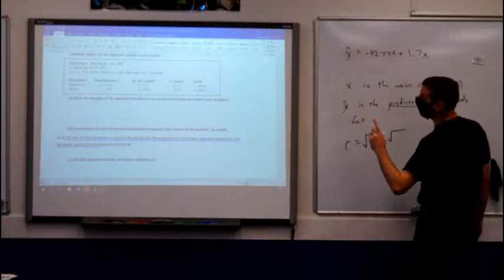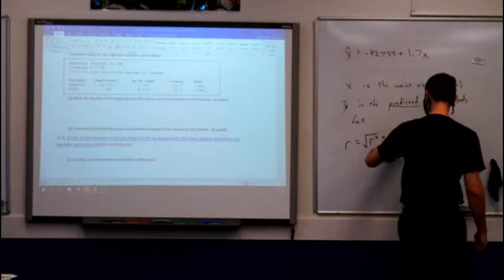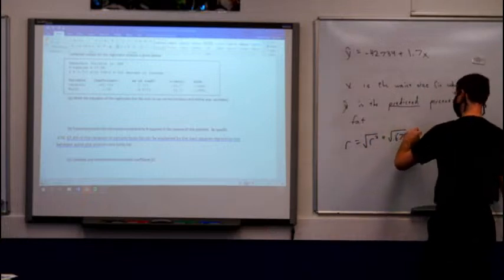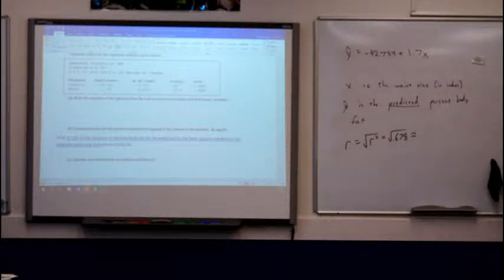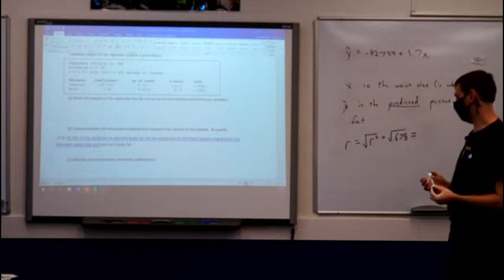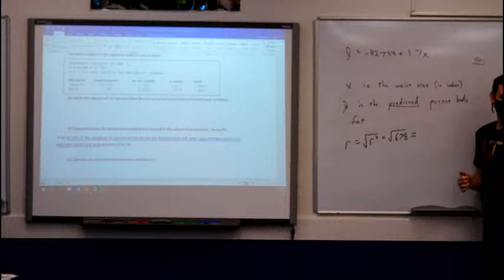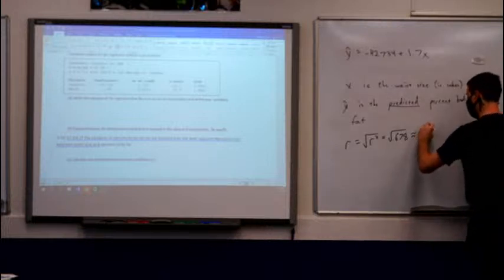So square root of R squared is 0.678. Which is what? 0.8234.